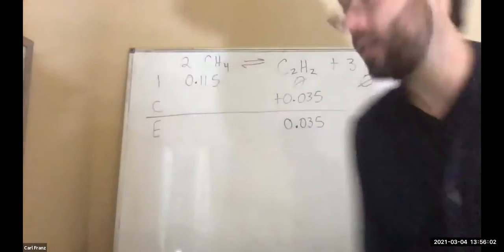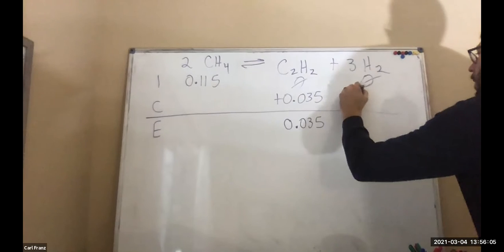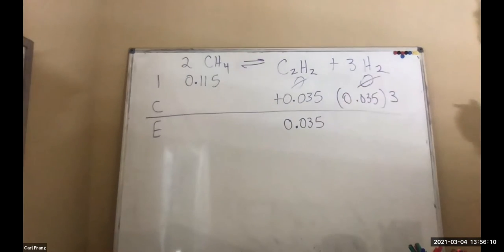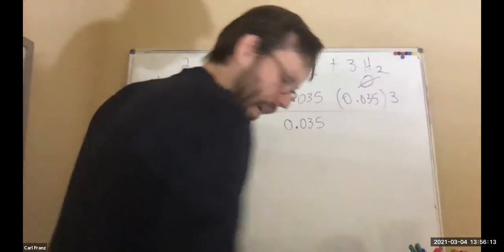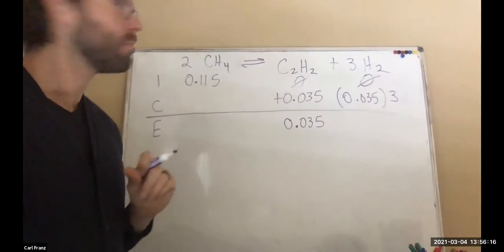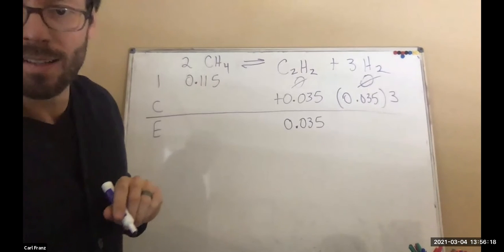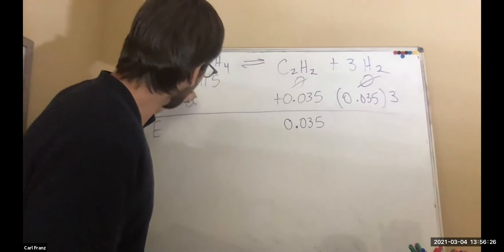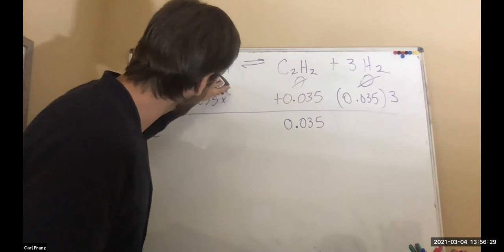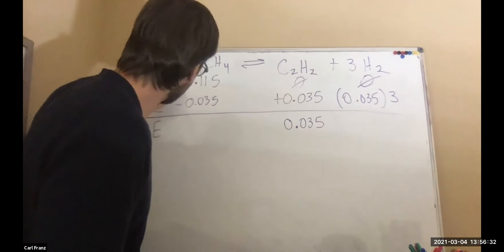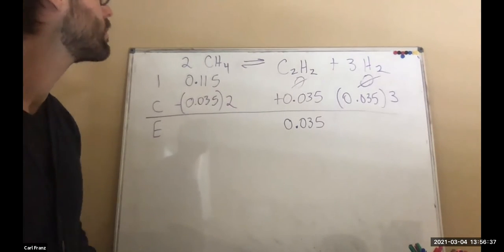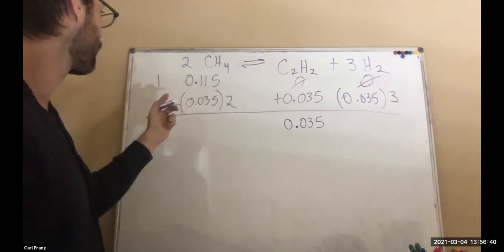And then this must be 0.035 times 3. And what is our change on this side? Minus 2 times 0.035. Yeah, so minus 0.035 times 2. Okay, so what is this?